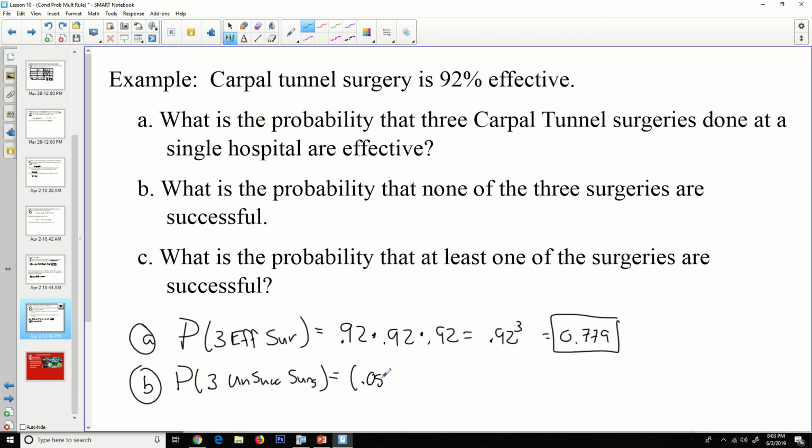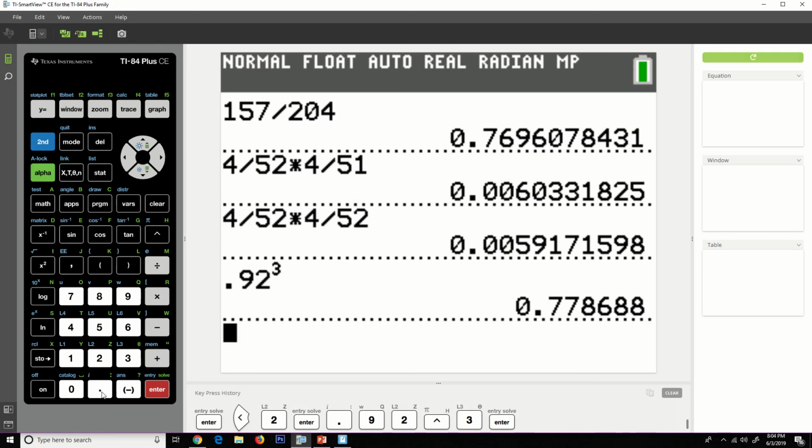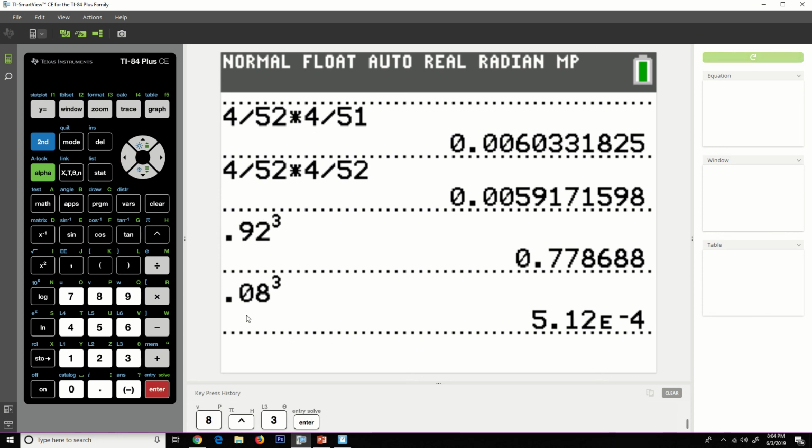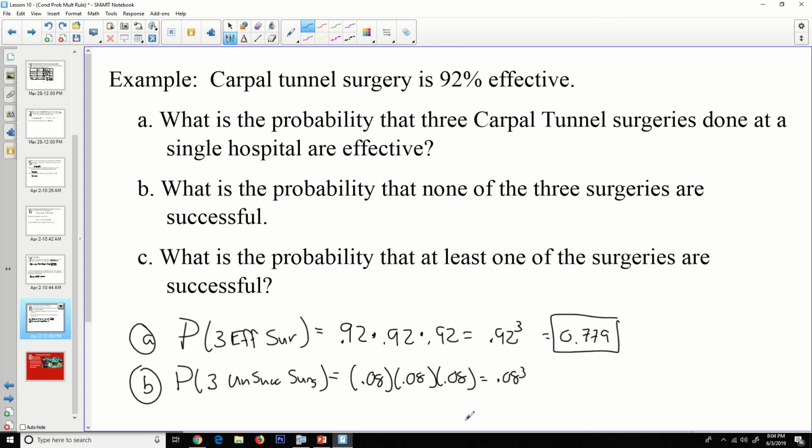So 0.08 times 0.08 times 0.08, which would be 0.08 to the third. That gives me 0.000512. So that's a very small chance that none of them will be successful.